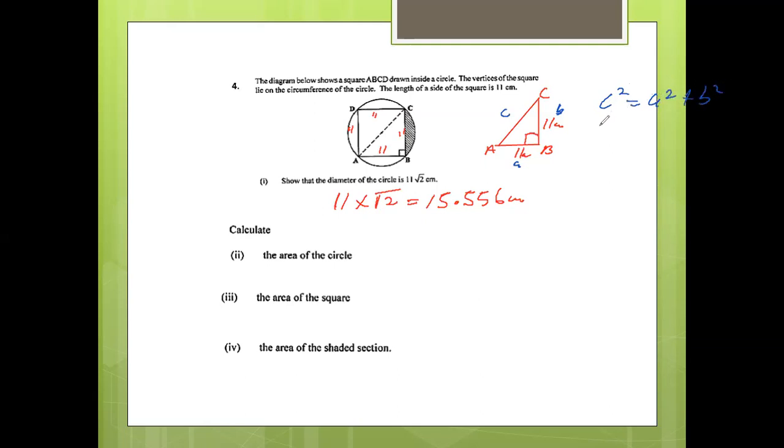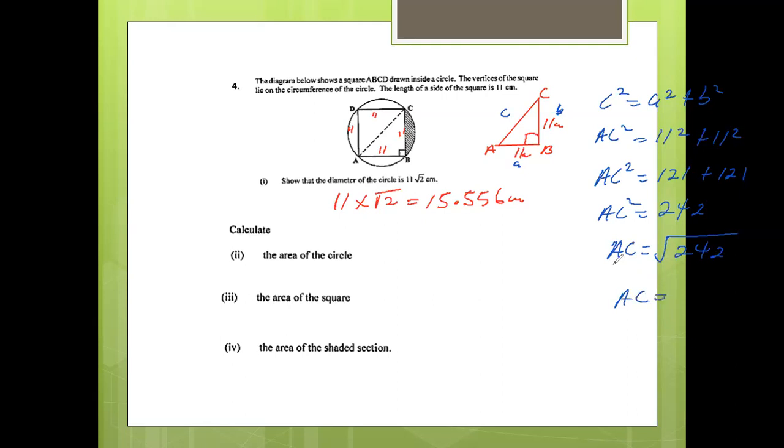So my C would have been AC squared, which is the diameter. My A will be 11 squared plus another 11 squared. AC squared equals 121 plus another 121. Now, they have to give me 242, right? So we find the square root of 242.